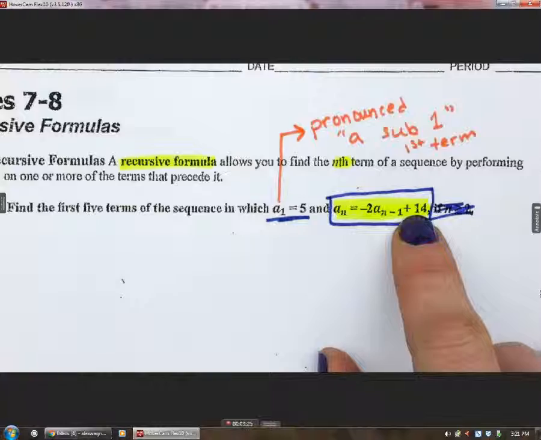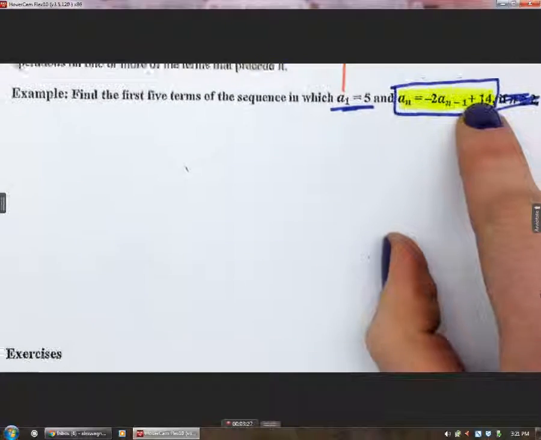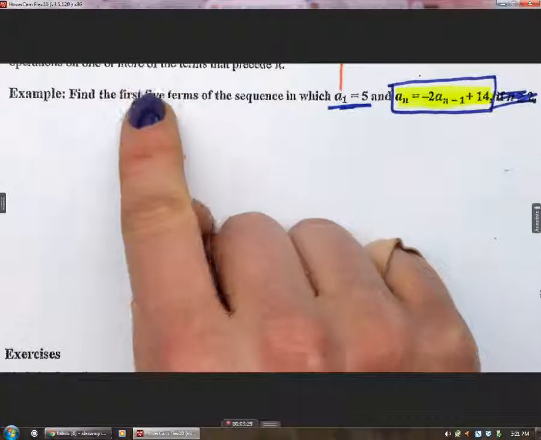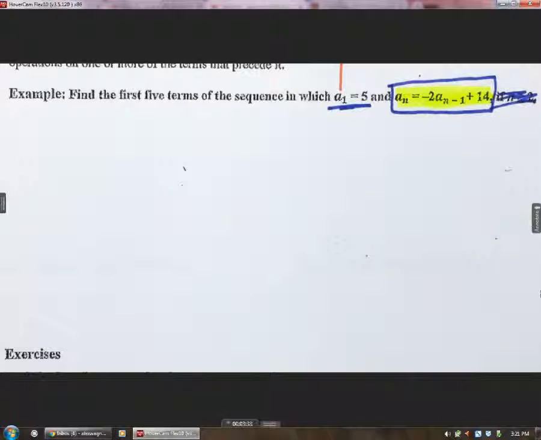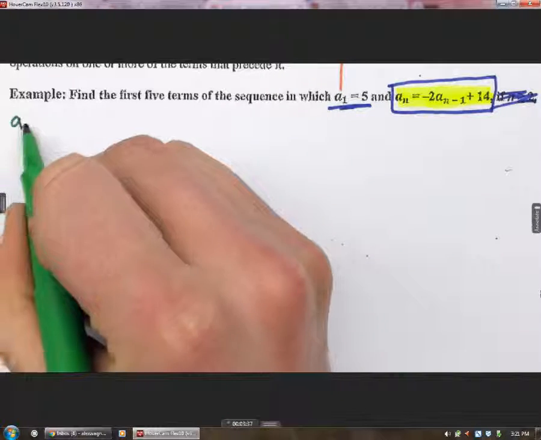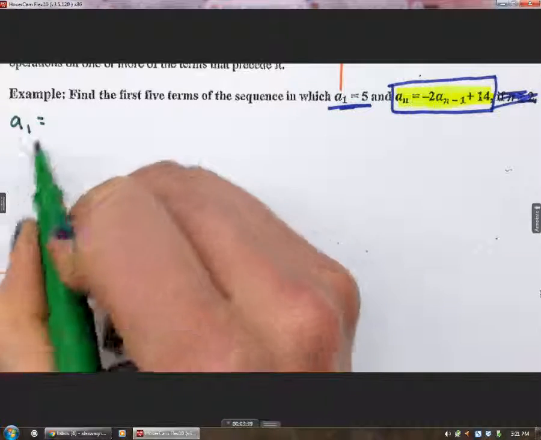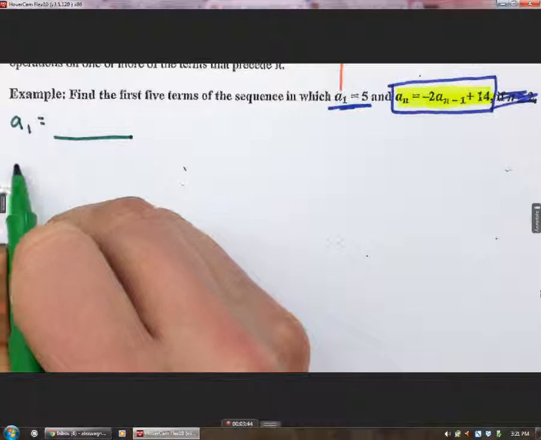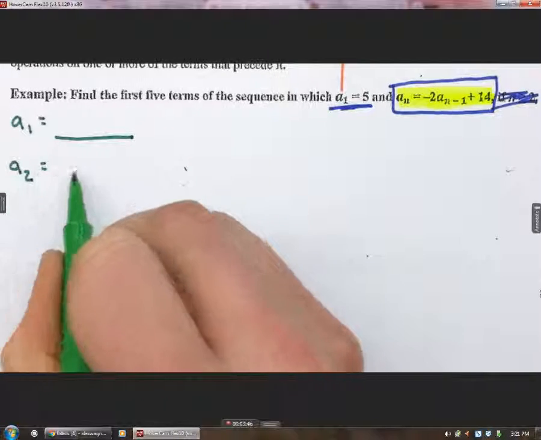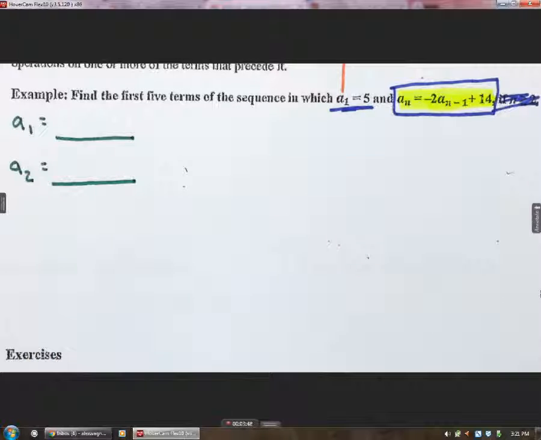Here's what it means. Over on the side, I just want to make a little list, and we need to find the first 5 terms. So the first term would be A sub 1. The second term, guess what? A sub 2, because there's a 2.